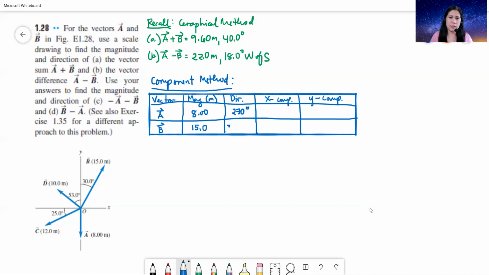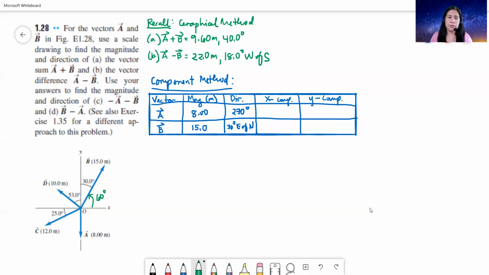Direction is 30 degrees east of north. Or if you like, you can also use the equivalent standard position angle, which is 60 degrees. So if you use here 60 degrees, you do not need to write north of east anymore because it's understood na standard position siya. Okay, but I want to use the given angle here.